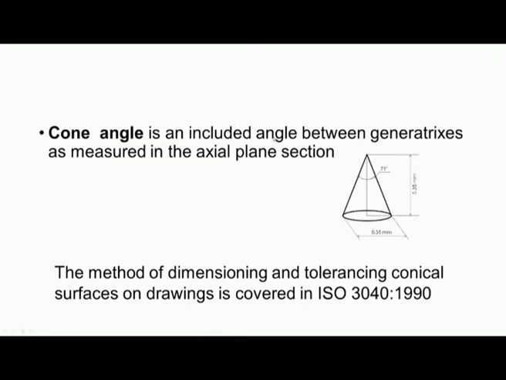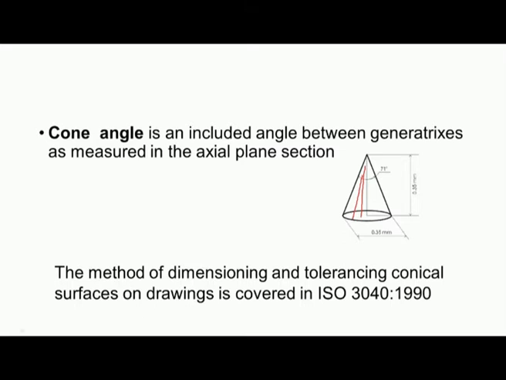It is the included angle between generatrixes as measured in the axial plane section. You can see here we have a conical part with multiple generators. We can have multiple generators like this. The included angle between two generators is called cone angle, which is measured in the axial plane section.